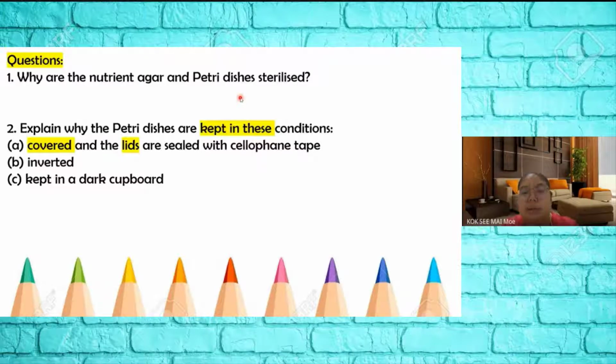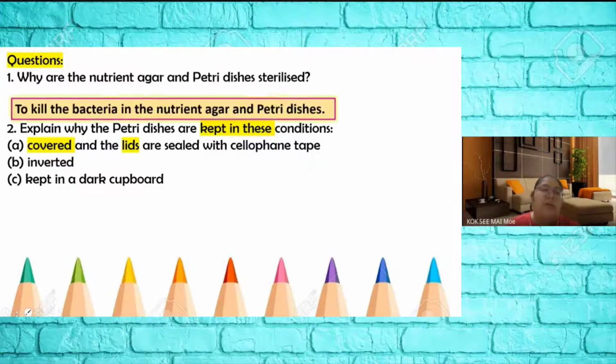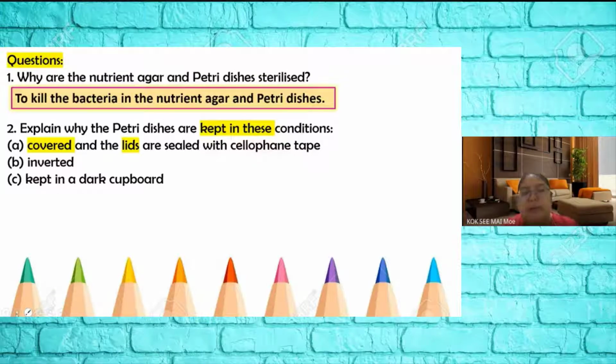I make it a constant variable when starting, all must be the same temperature. So from here your answer is to kill the bacteria in the nutrient agar and also the petri dishes. Before that there was also a little bit of bacteria, so you want to kill all first, make it empty, then we do the experiment.